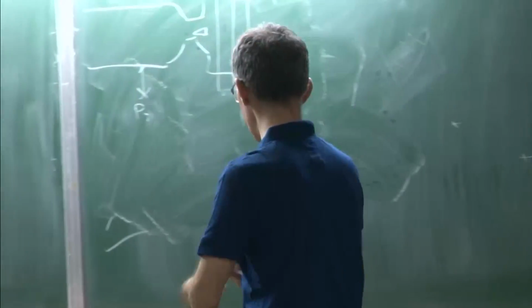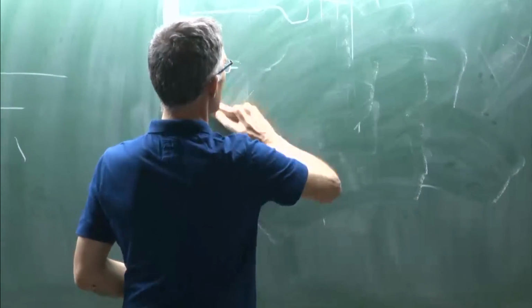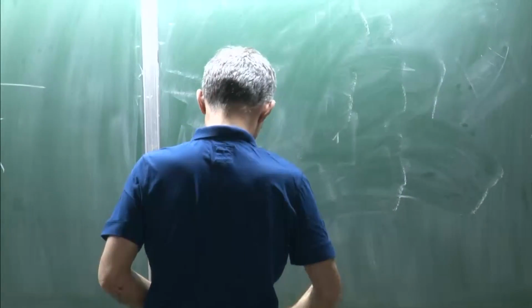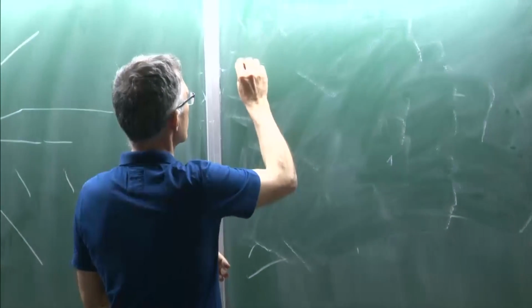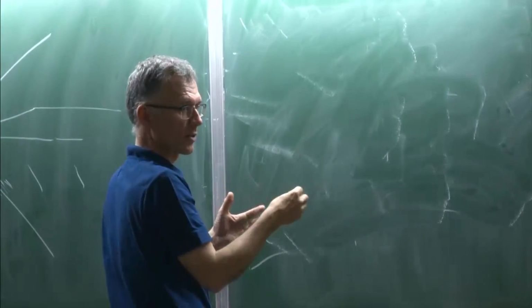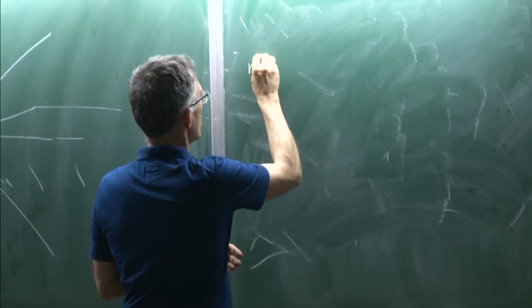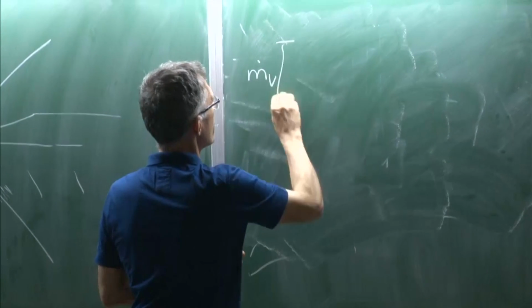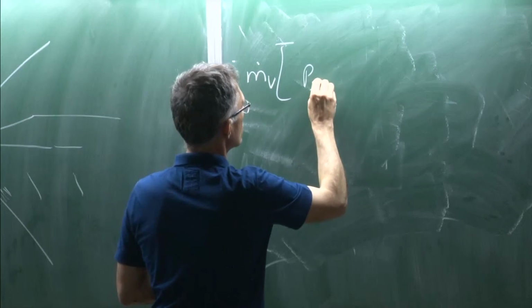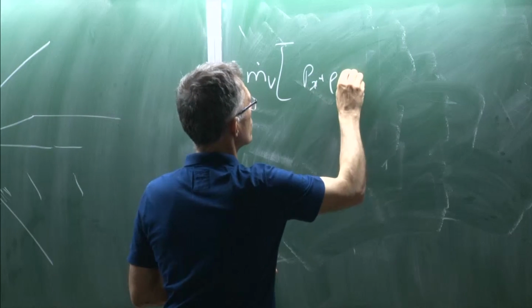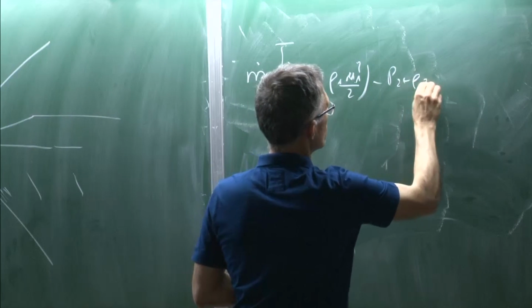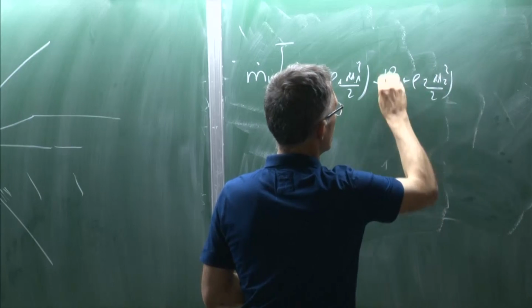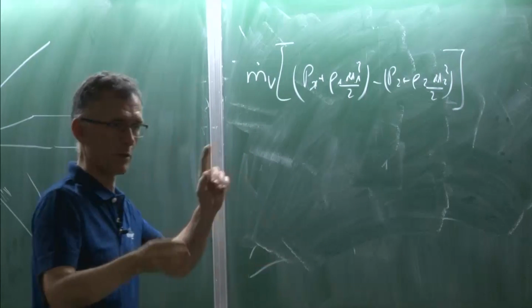Okay, that's not something which has been published yet, but we know now how to do that. We know that if you're worried about pressure loss, you can write an equation for pressure loss. The equation is a bit complicated, but it looks like this. You take the momentum equation and you derive it, and you end up with the volume flow rate multiplied by P1 plus rho U1 squared, minus P2 plus rho U2 squared, which is the pressure loss between the two sides.